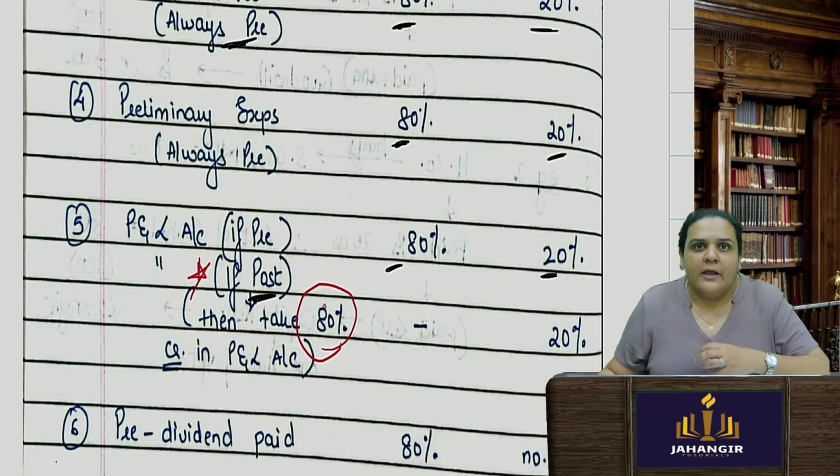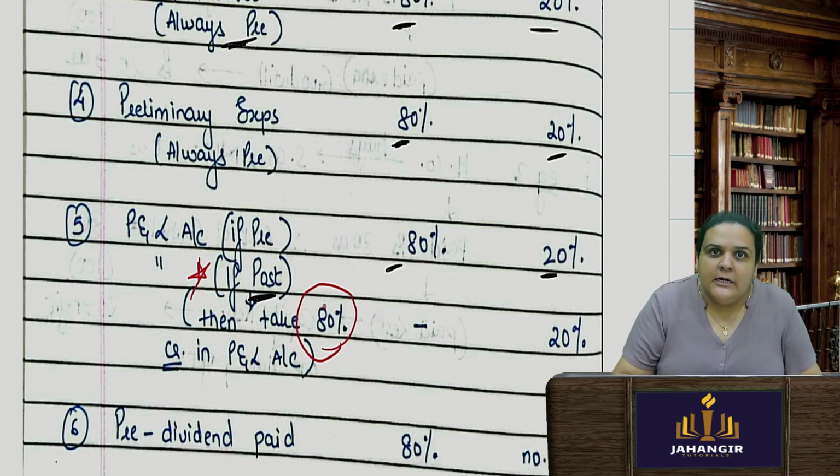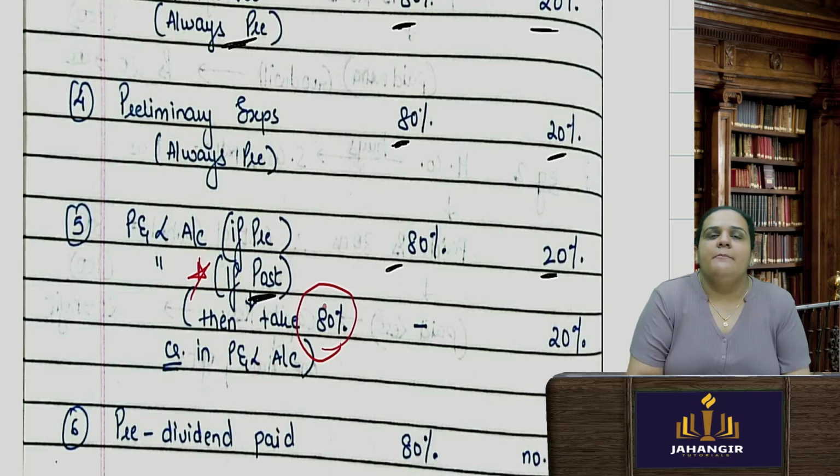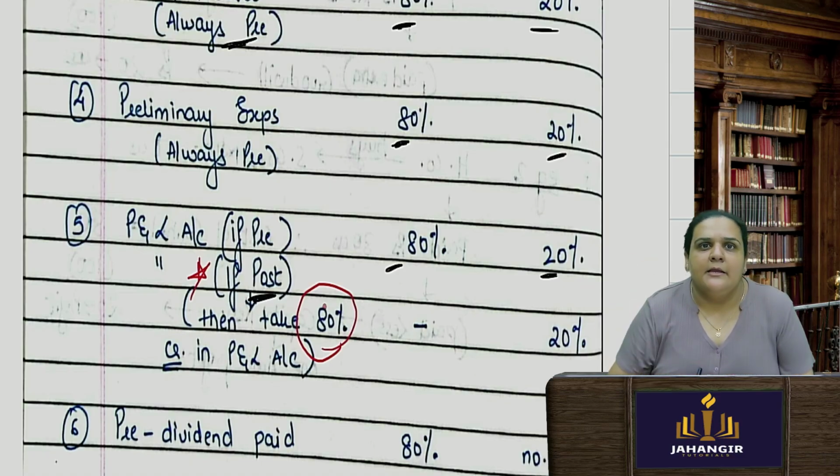So how can you calculate it in the form of net asset? You cannot take that profit for calculation of your cost of control. That profit is earned by the subsidiary after you have already become its holding. So it is treated like a normal profit. You put it in your P&L account. Don't take it in the calculation of cost of control.